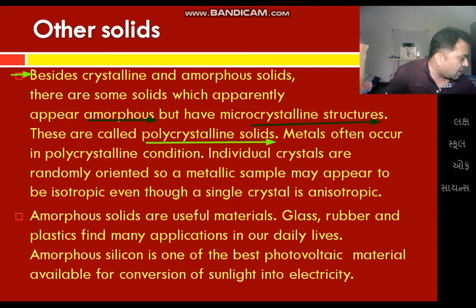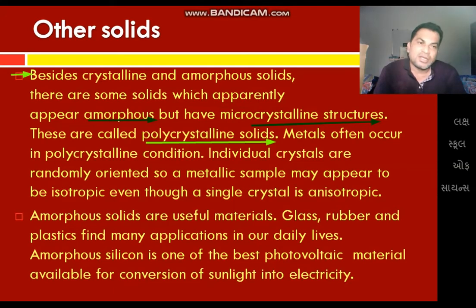So how are amorphous solids useful? They can be used in our daily life, and out of those, silicon is more important than any other thing. So I hope you understand these points of uses.